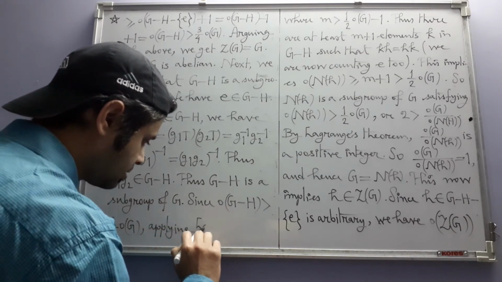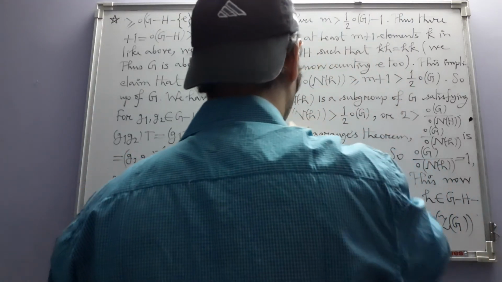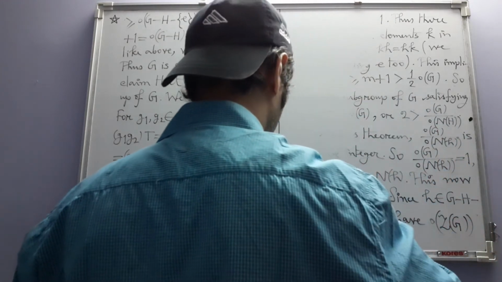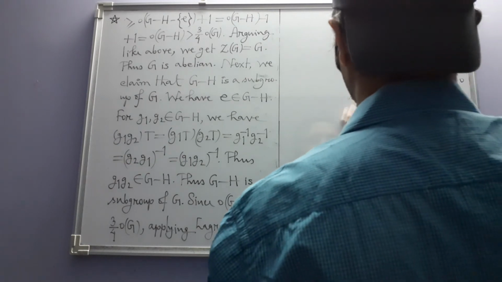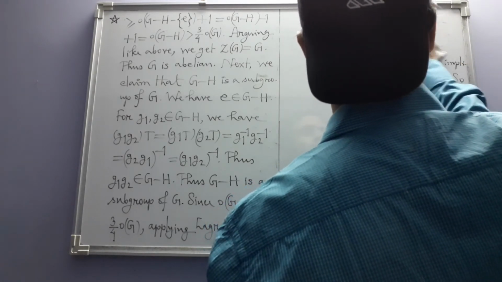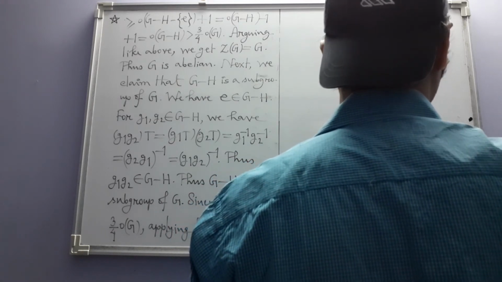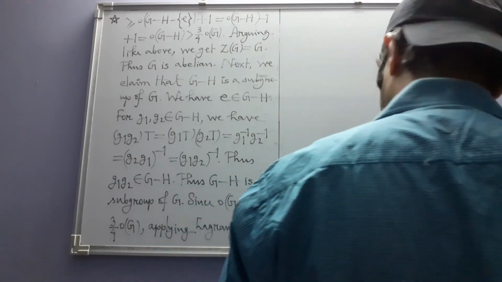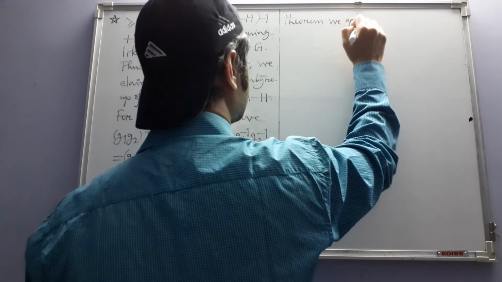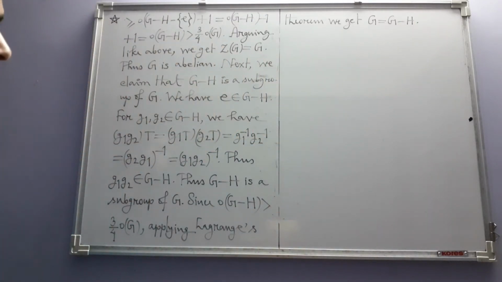Again, like before, applying Lagrange's theorem, G must be equal to G minus H, but then H must be empty.